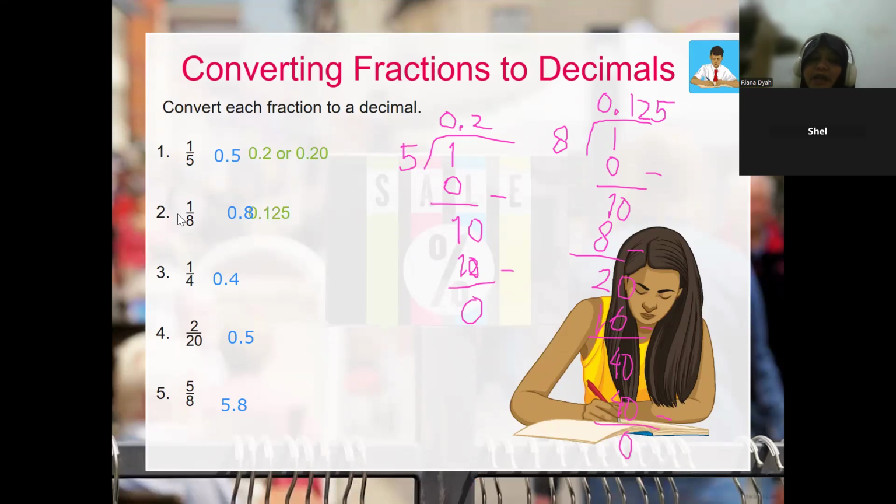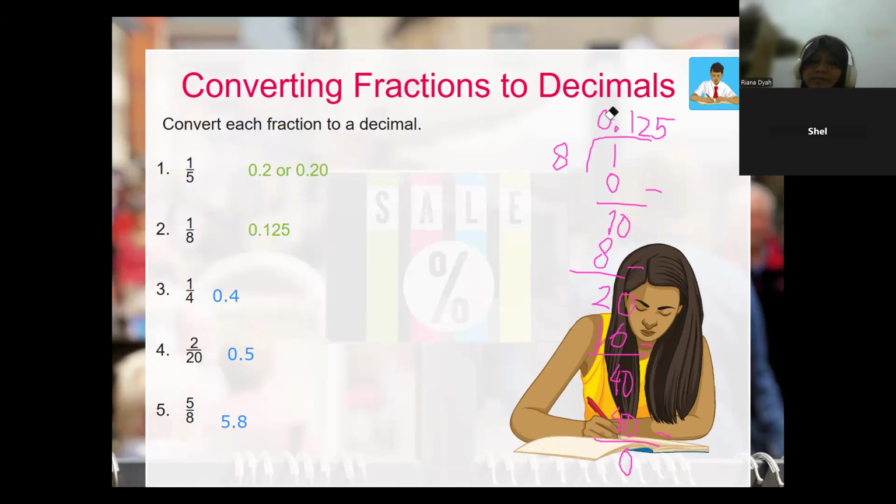0.125. Until here, do you get it? Do you want to try number 3 using the division?